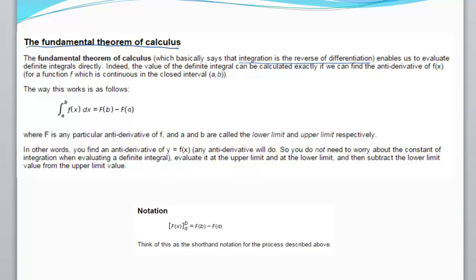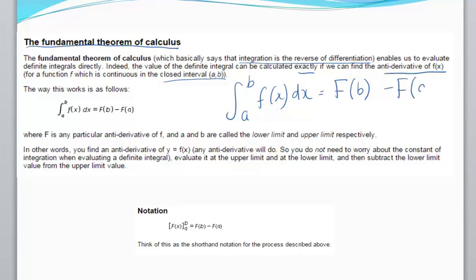The value of the definite integral can be calculated exactly if we can find the antiderivative of f of x, for a function f which is continuous in our closed interval [a, b]. We write the integral between a and b of f of x dx, and it becomes our antiderivative of our function at point b minus our antiderivative at a.